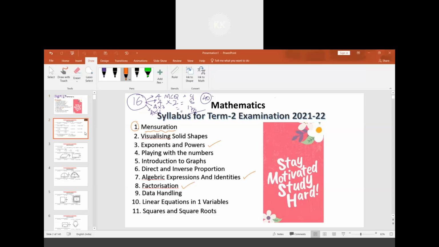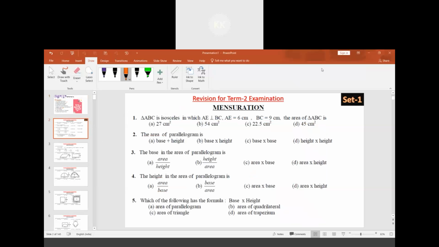So like previous, I have brought some questions which are MCQ type followed by the long answer and short answer type questions. Here we go with set 1. Shall we continue? Yes, sir.